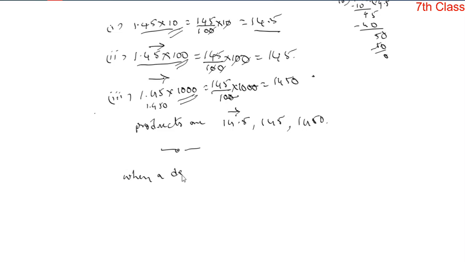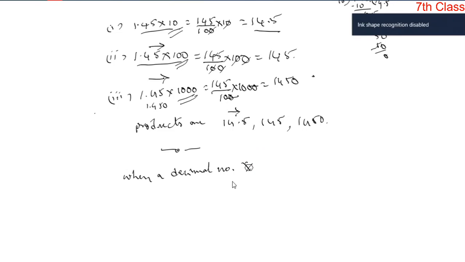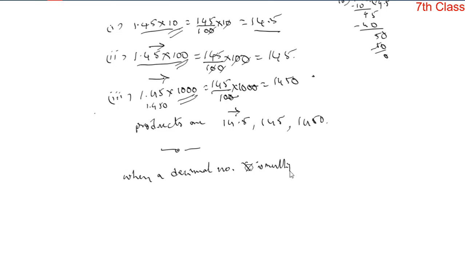So let me write here. When a decimal number is multiplied by 10, 100, 1000, what we will do?